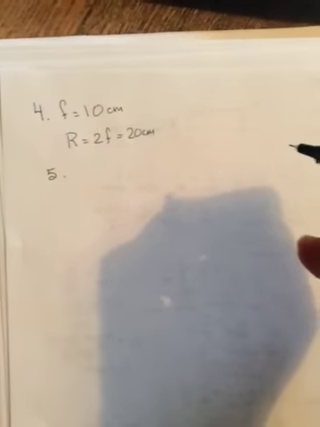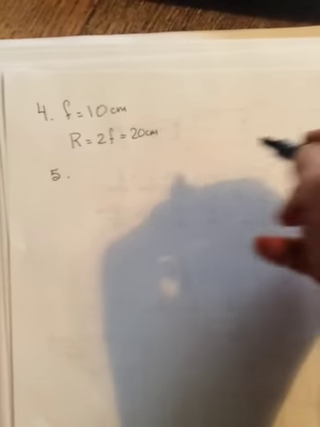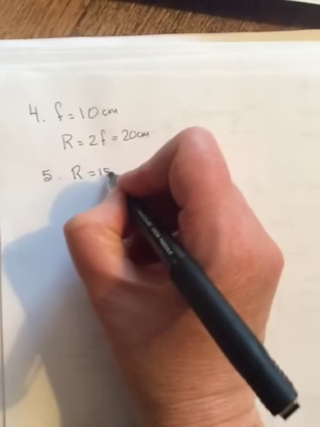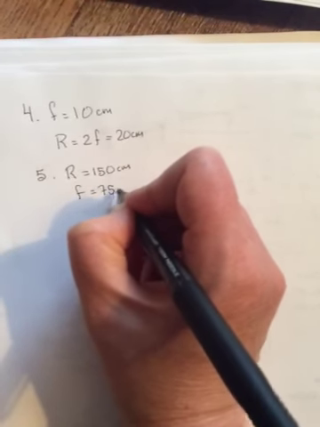Number 5. Light from a distant star is collected by a concave mirror. How far from the mirror is the image of the object if the radius of curvature is 150 centimeters? That means F is 75 centimeters.